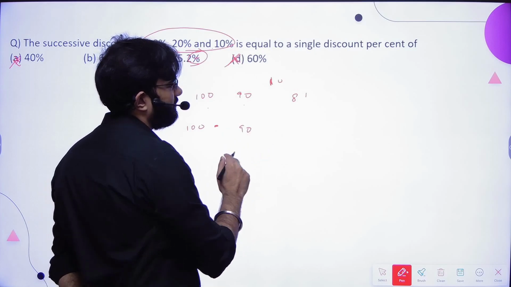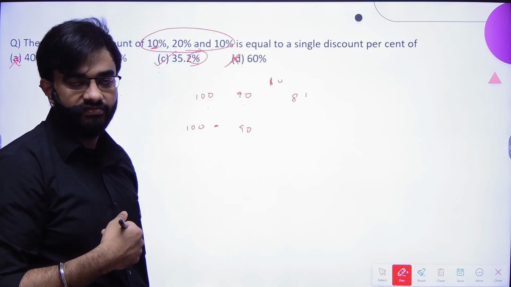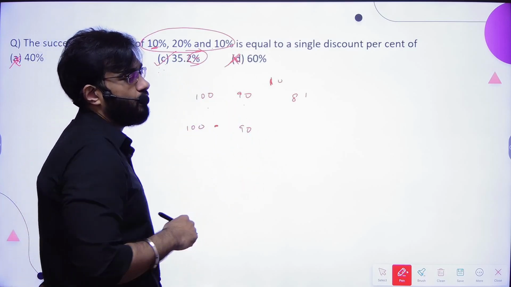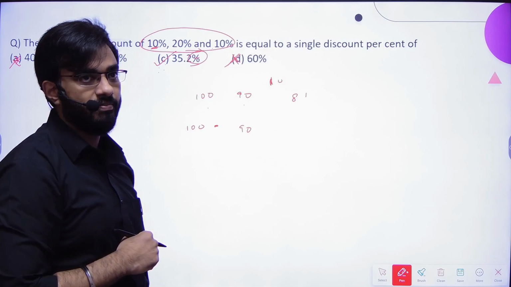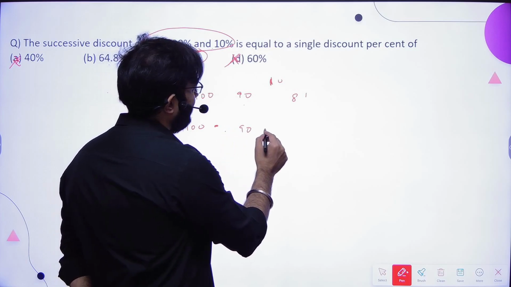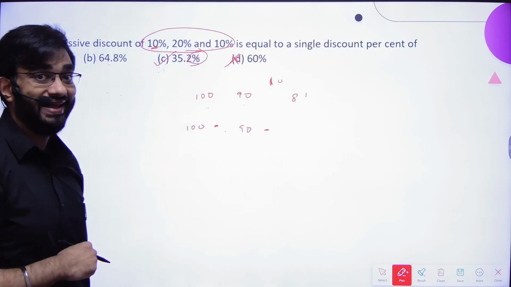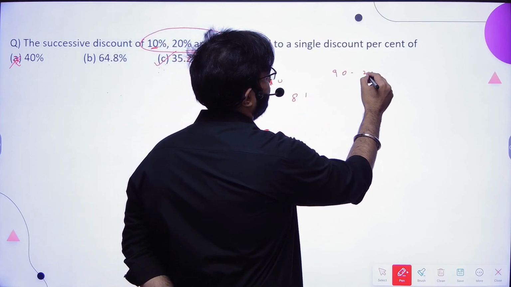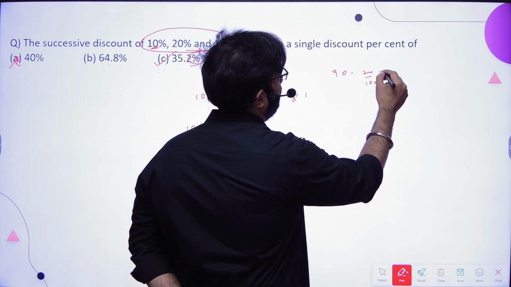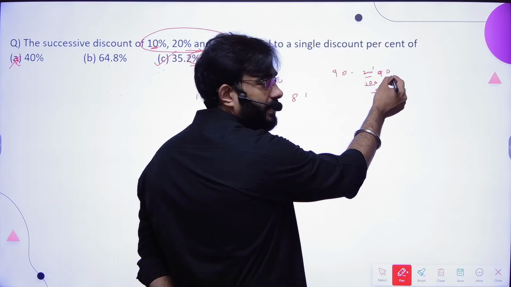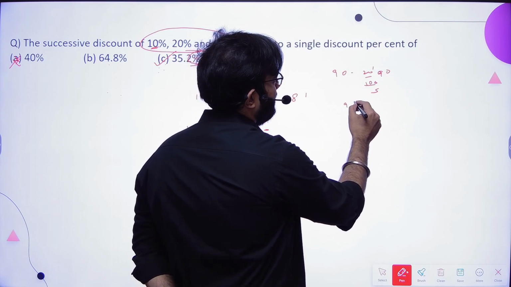So you can also make yourself comfortable in multiplying with decimals. 10% means we have to multiply the cost price with 0.9, right? So 100 becomes 90, then 90 has to be multiplied by 0.8. How? Because 90 minus 20% of 90, so 1 by 5, this 20%.